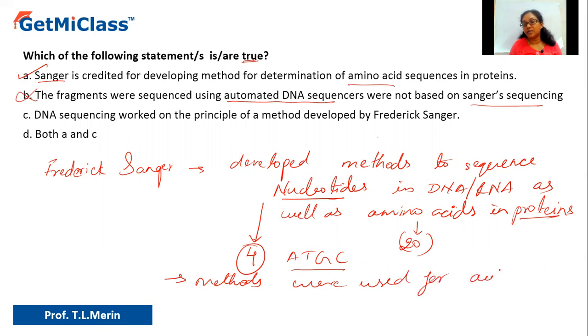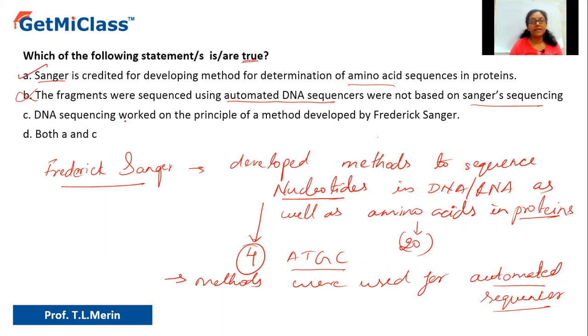Automated sequencing is nothing but using machines. The information given by Frederick has been fed into these automated machines, and these machines use the same principle to sequence the nucleotides in the DNA, since they are talking about DNA sequencers.